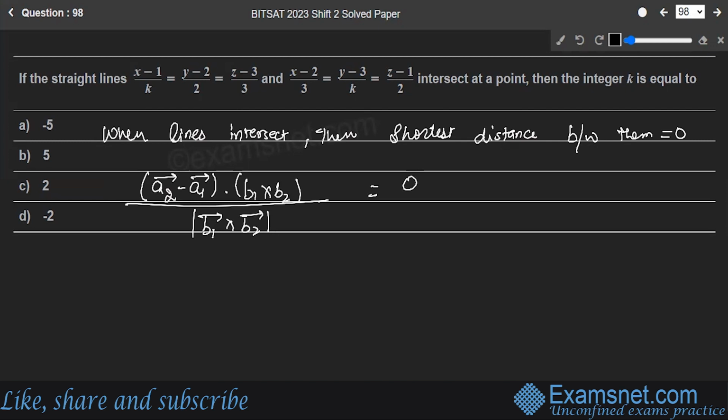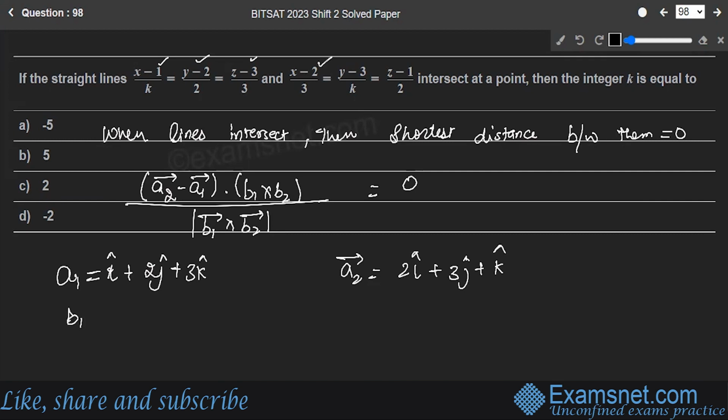And what is A1 equal to? A1 will be given by, from here you have 1, 2 and 3, I plus 2j plus 3k, and A2 will be equal to 2I plus 3j plus k.